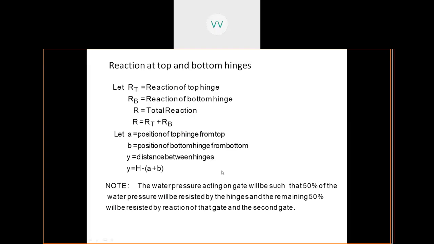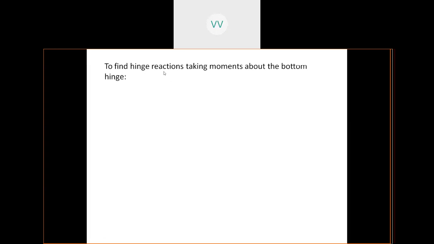So note, the water pressure acting on the gate will be such that 50% of the water pressure will be resisted by the hinges and the remaining 50% will be resisted by the reaction of that gate and the second gate. So here to find the hinge reactions, we have to take the moments about the bottom hinge. Now let us do that.